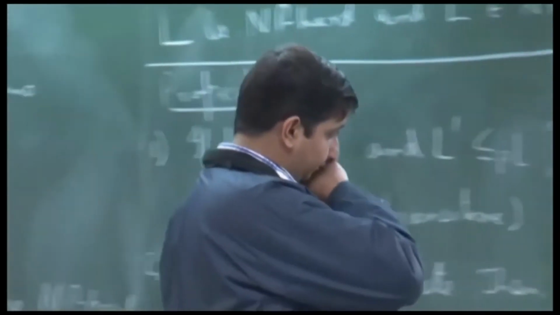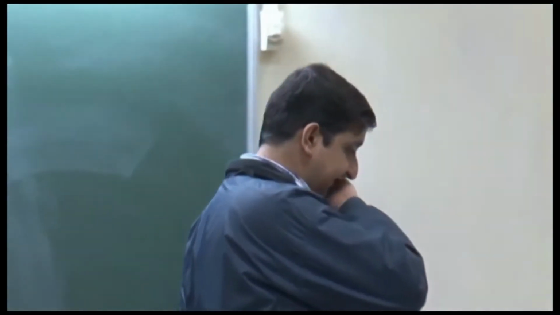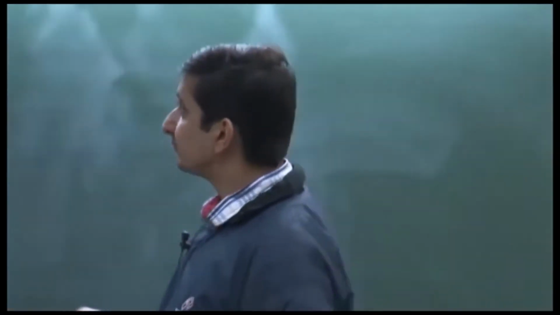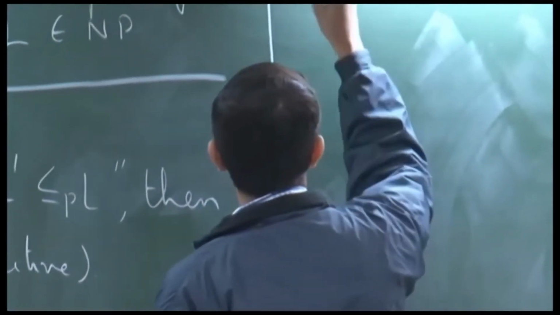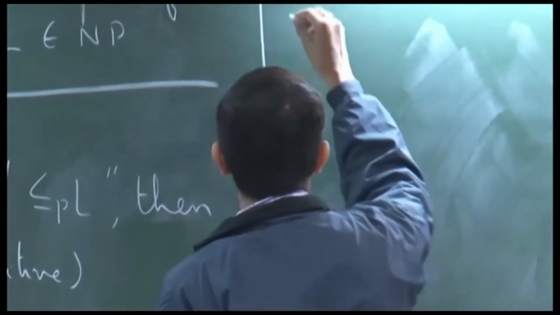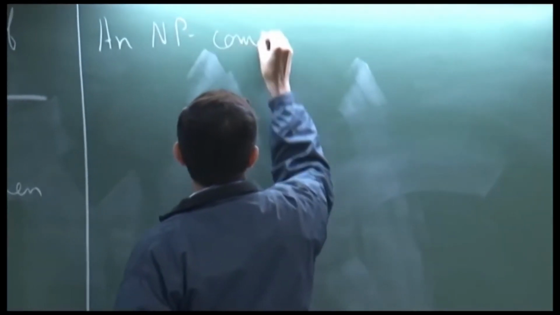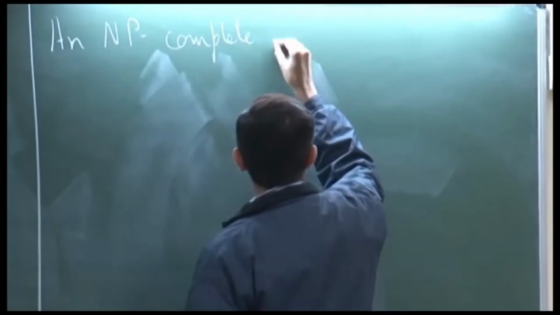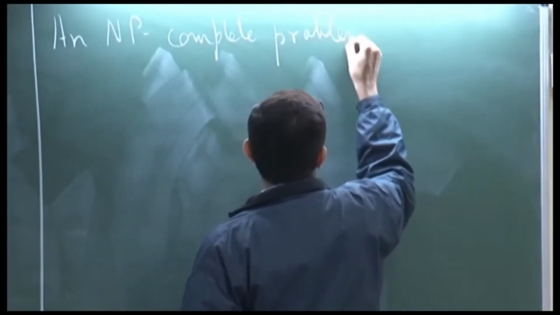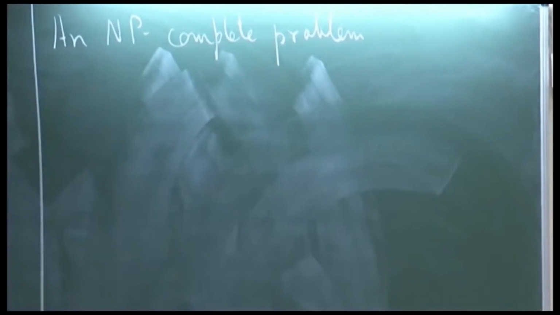So, let us move on, and what we will see next is our first NP complete problem. In fact, we will construct the first NP complete problem. Okay. Because so far, with all this theory, nowhere are we saying that there has to exist an NP complete problem.